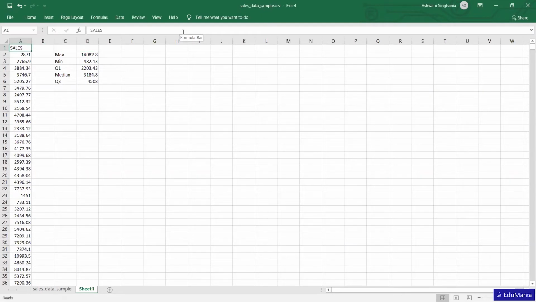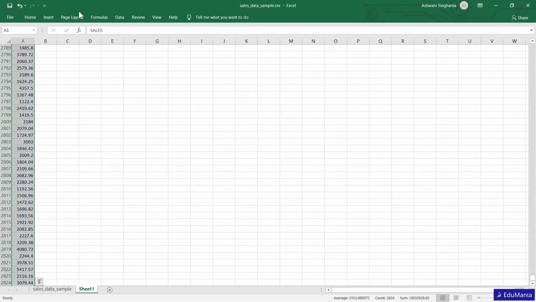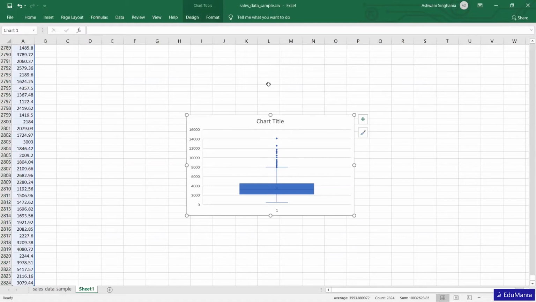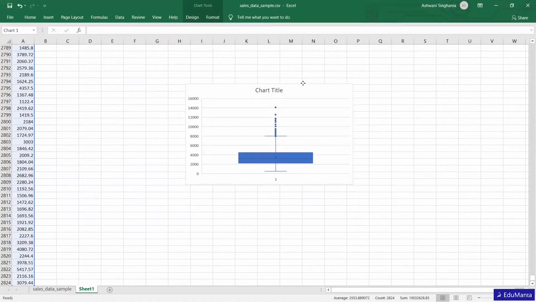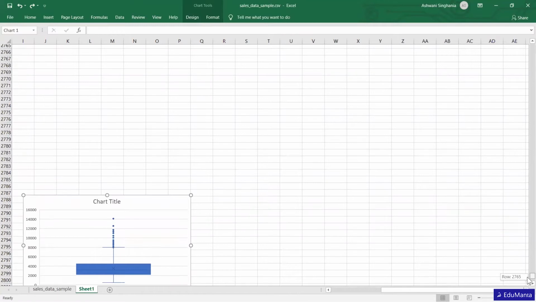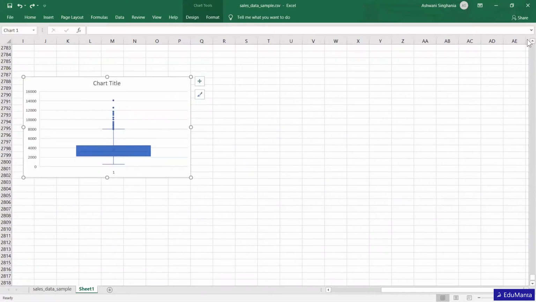So these are the values. Let's draw directly from the data the box and whisker plot. So this is the box and whisker plot. Okay, so here we can see that this particular box represents quartile 3 and quartile 1.